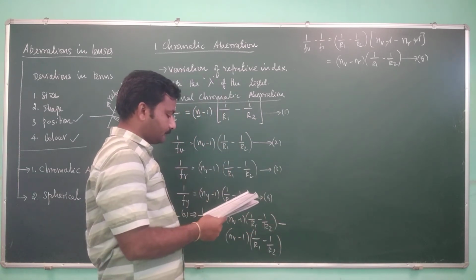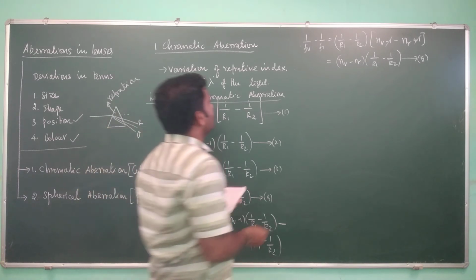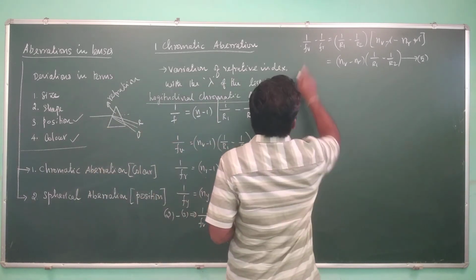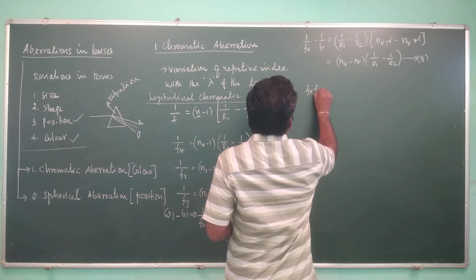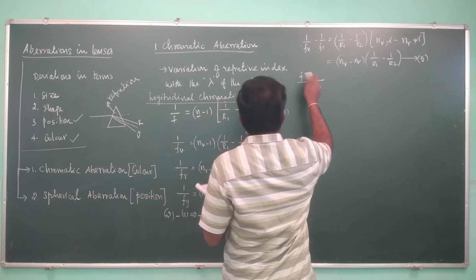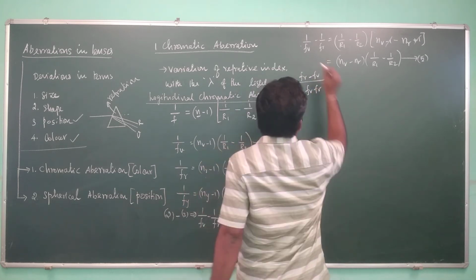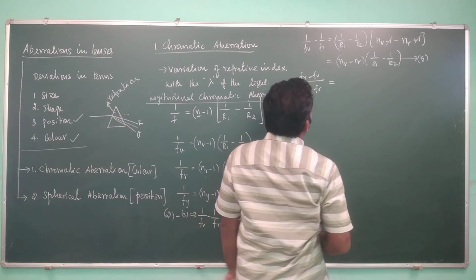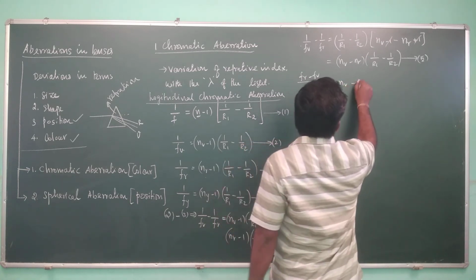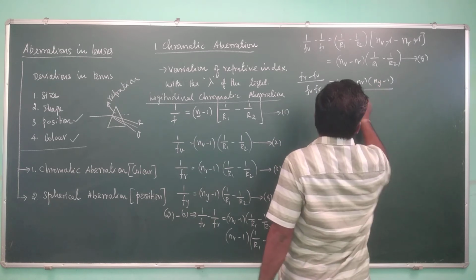Now let's do one thing. Let's take on the left side Fv into Fr, so we will write Fr minus Fv. On the right side, let us multiply the numerator and denominator with NY minus 1.